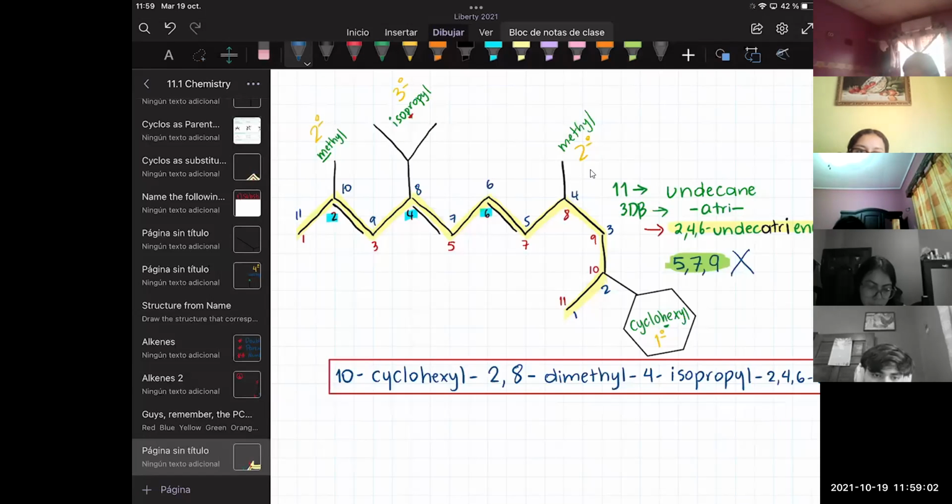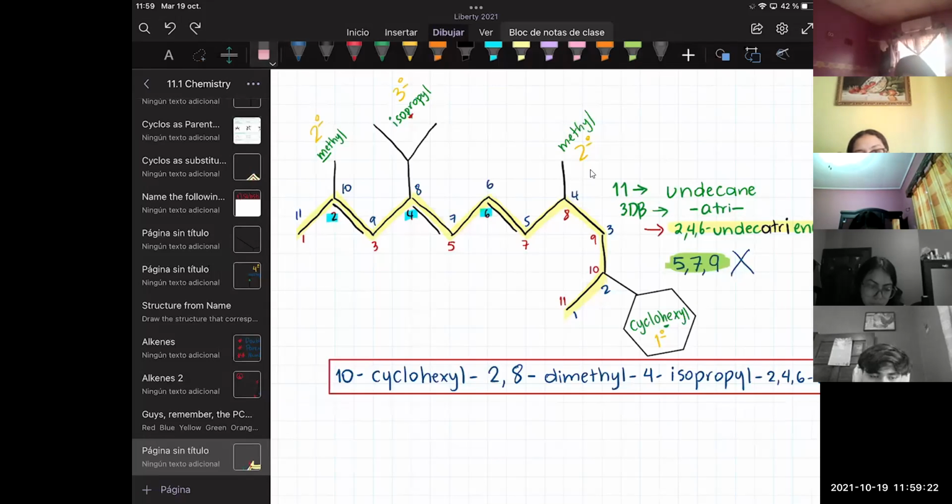That's why I gave you a tip the other day: number the carbons from the side where the double bonds are.